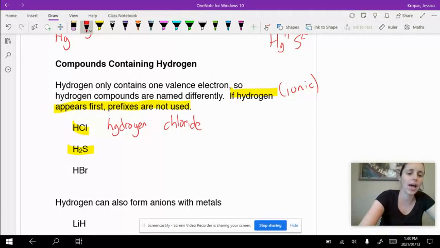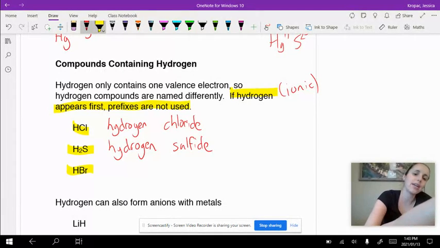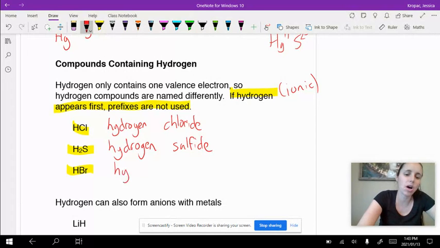So I'm going to call hydrogen, because that's what it is. Sulfur is going to be called sulfide. I am not using prefixes because I'm treating this like an ionic compound, so I'm not going to use a di. It's just going to be hydrogen sulfide. And finally, we have hydrogen first, bromine second. So I would call that hydrogen bromide.